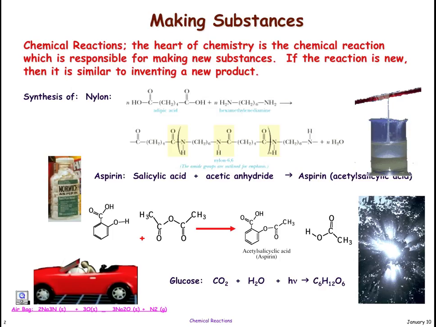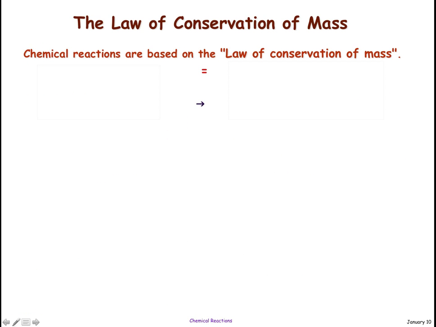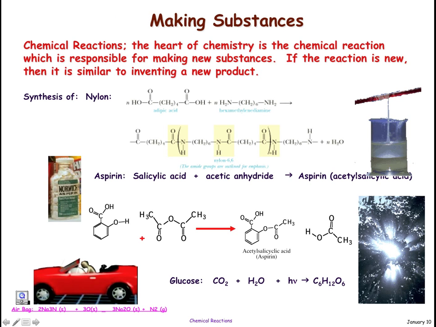And the first one right here is a nylon synthesis. In this particular case, you have a monomeric unit right here. The monomeric unit shows that this particular chemical binds with this particular chemical and repeats itself.